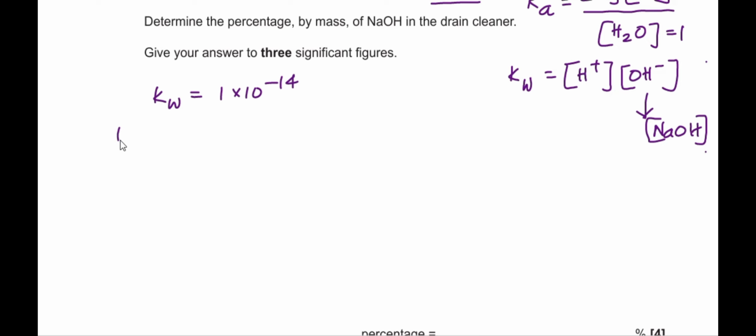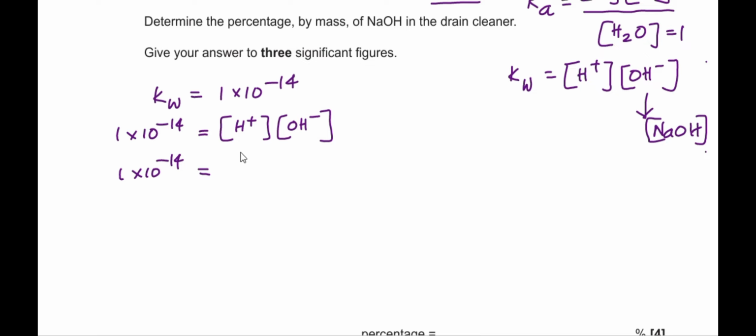Therefore, we can write 1 times 10 to the power of minus 14 is equal to hydrogen ion concentration times the OH ion concentration, which means 1 times 10 to the power of minus 14 is equal to, just as we discussed in the previous part of the question, hydrogen ion concentration can be derived from the pH value as 10 to the power of minus pH, which is 13.48 here, times the concentration of OH ions.